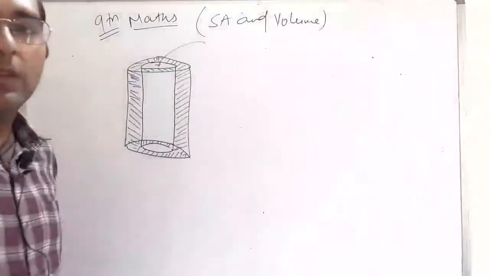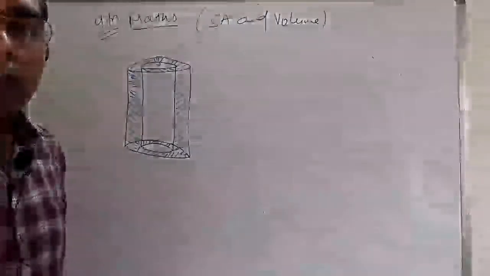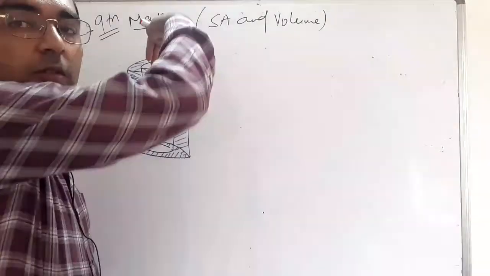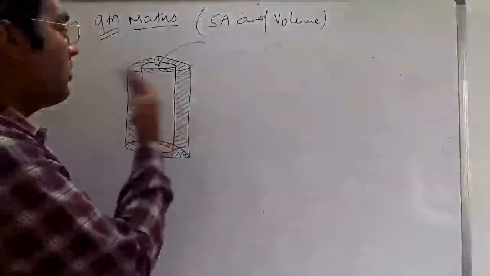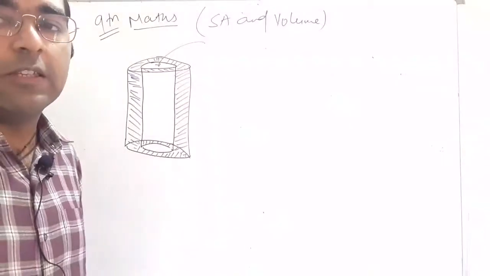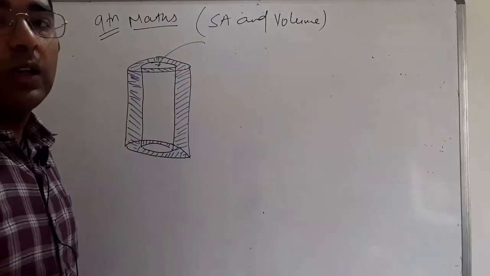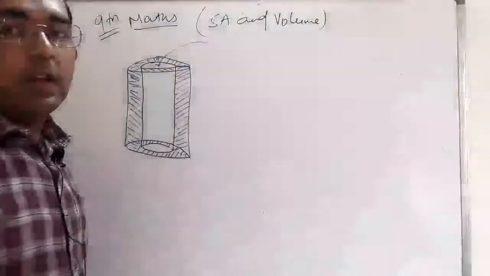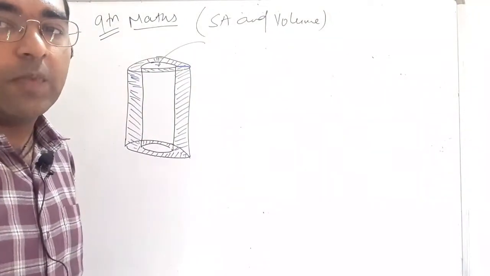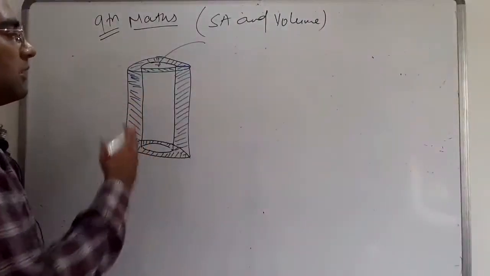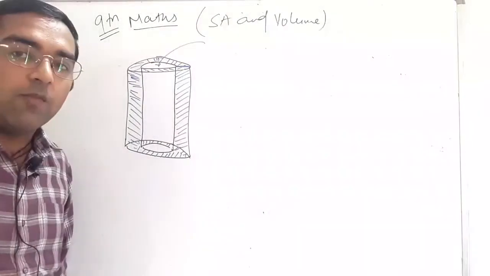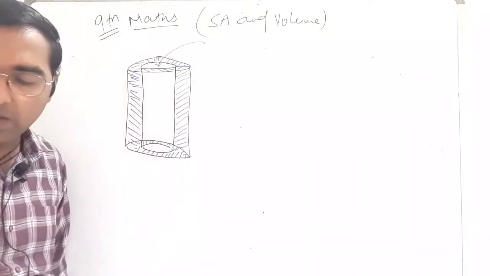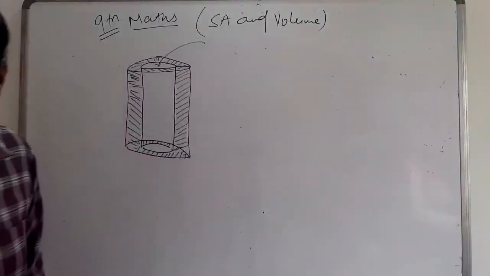You can see that in the middle there is a hollow space, a space between two cylinders, and between these cylinders a thickness is also given. We can find the surface area and volume of this type of cylinder also.